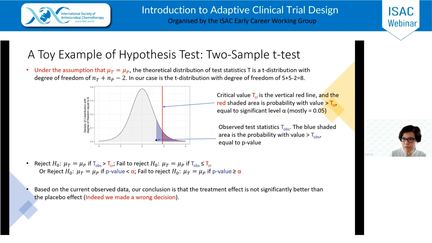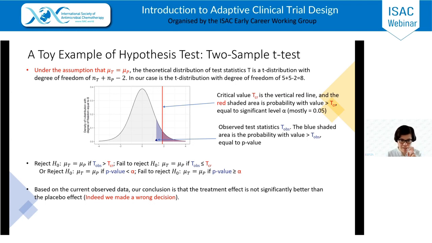Another way is using the p-value, which gives you more information. A p-value of 0.04 would be just at the right side of the vertical line, compared to a p-value of 0.0001, which is way out here. The smaller p-value shows much more overwhelming evidence.